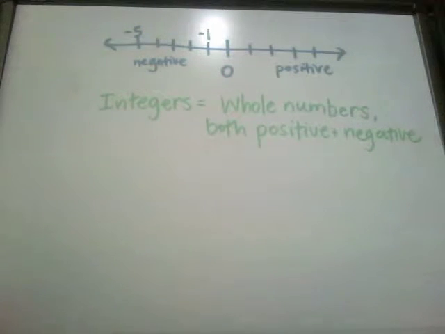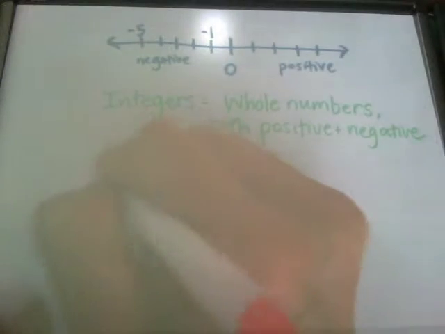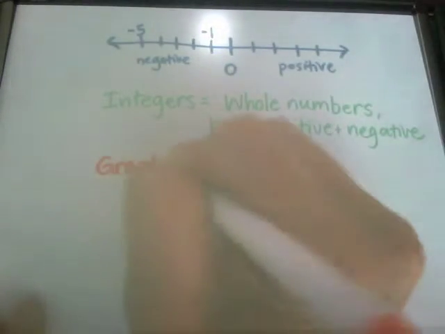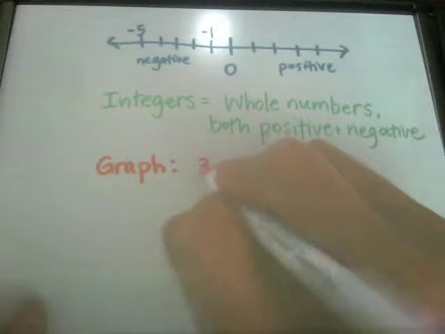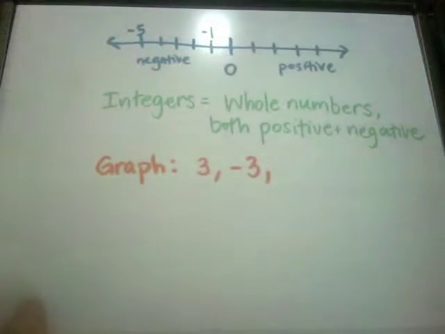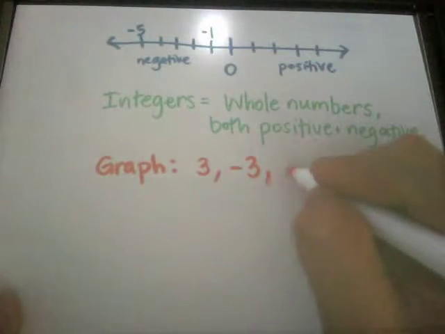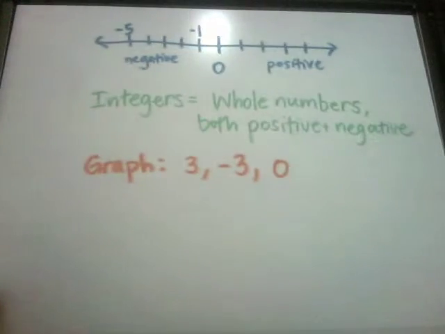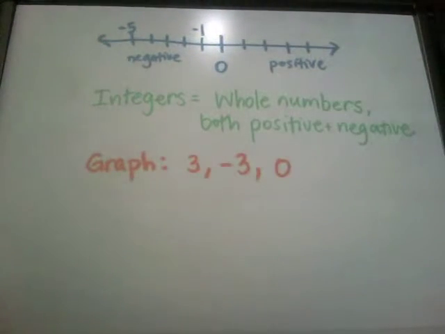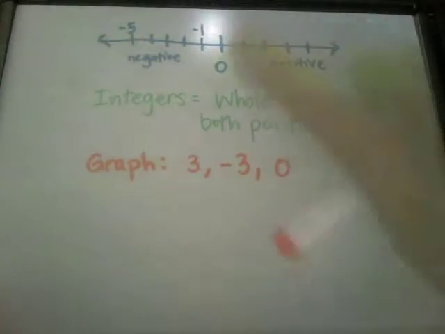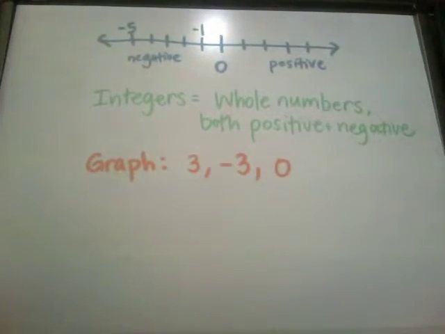Okay, so again, this should be pretty simple. One of the things you're going to do is to graph on a number line. So if I say graph these numbers, 3, -3, and let's say 0. We'll start simple. You draw a number line. You put the little lines. Now, I'm going to go back up to this number line that I did in blue up at the top and just do it there.